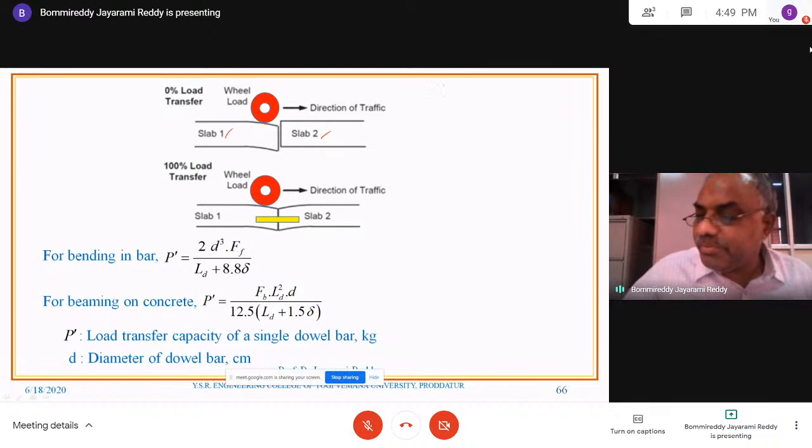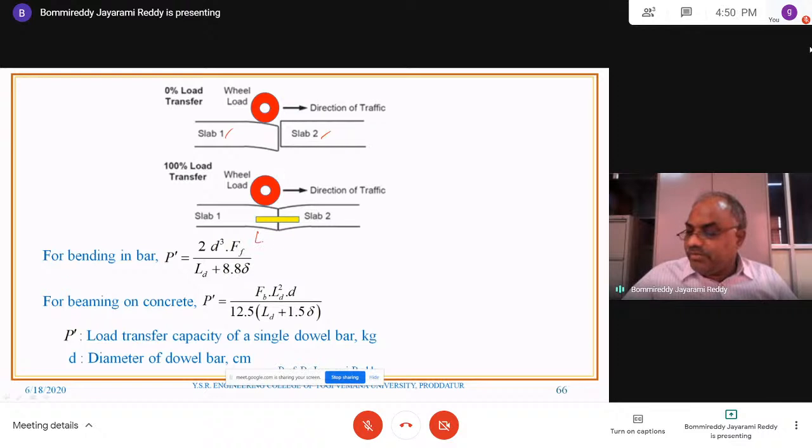When the wheel load is passing and it is exactly at the edge, the slab is going to deform in this way, and the entire load is acting on slab 1 only. There is no load transferred to slab 2 because there is no dowel bar, no reinforcement in between. But when these two slabs are tied with the dowel bar, the yellow color is the dowel bar.